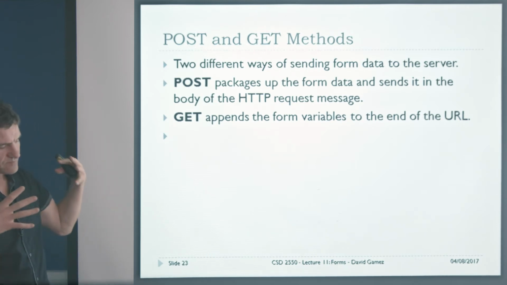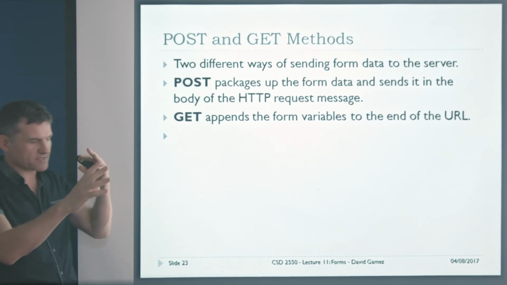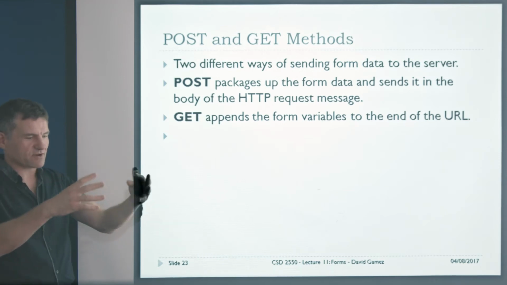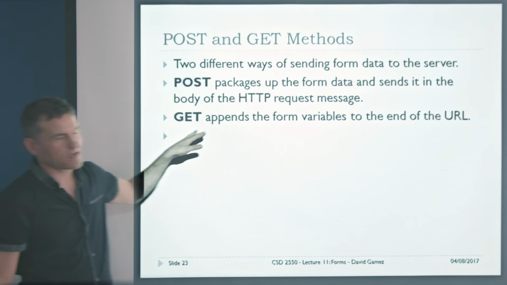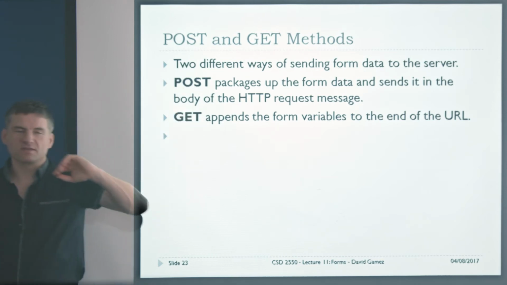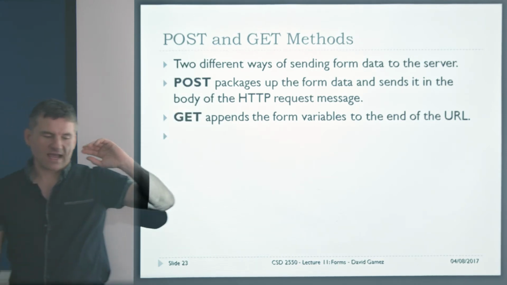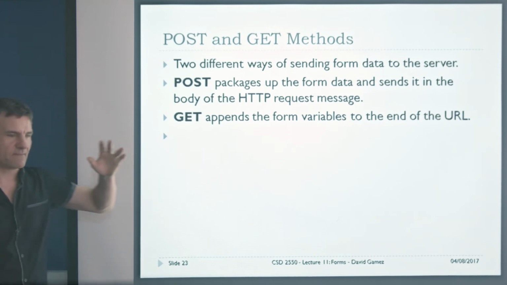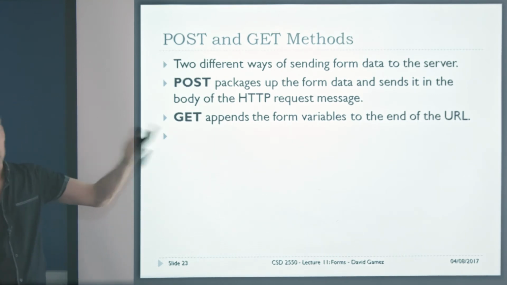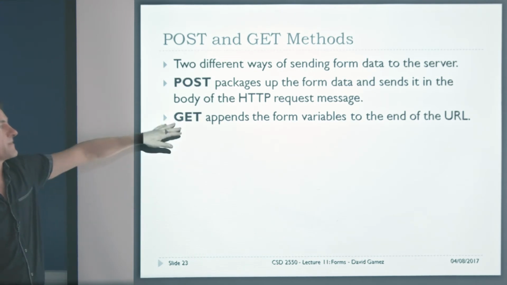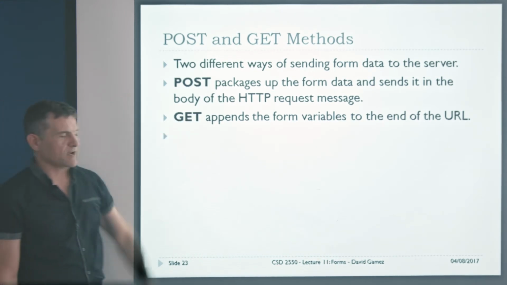The URL stays the same, and it just sends the data off in a way that's invisible and hidden from the user. Post is generally used for things like registration, actions that are only done once, and actions that aren't going to be bookmarked in any way, like paying for your shopping or something like that. Whereas get is different.